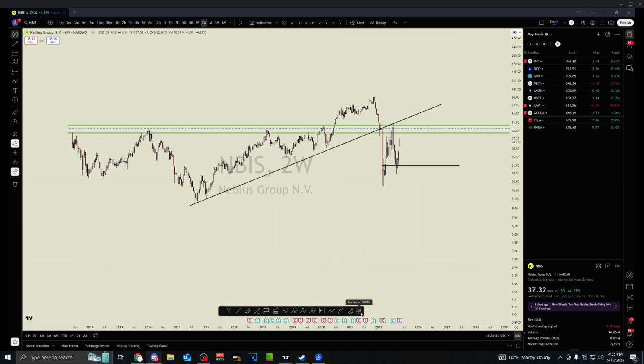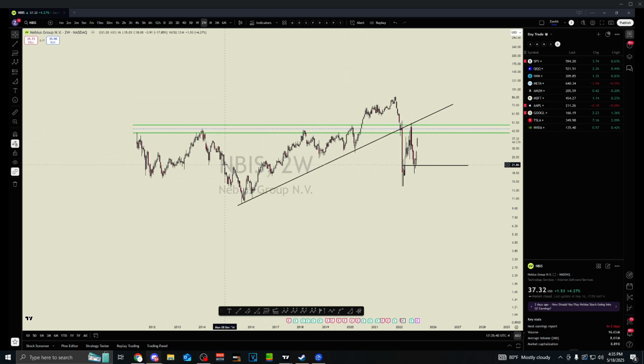Why is that? That's interesting. Man, I don't know why. Rob, TradingView is not letting me. Come on. Nah. Okay. Let it be.